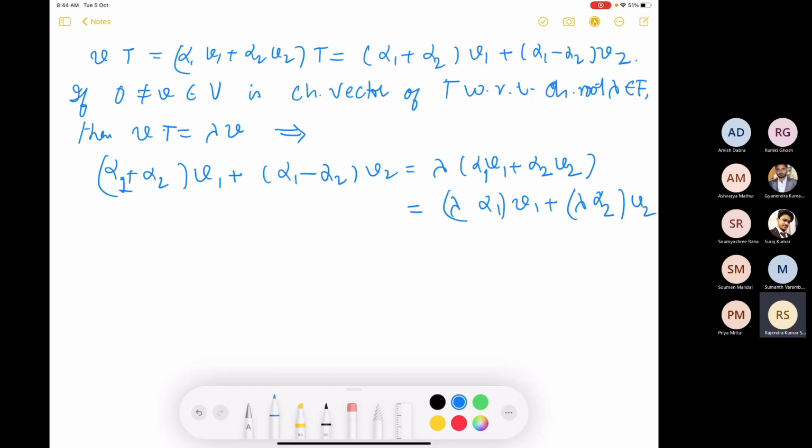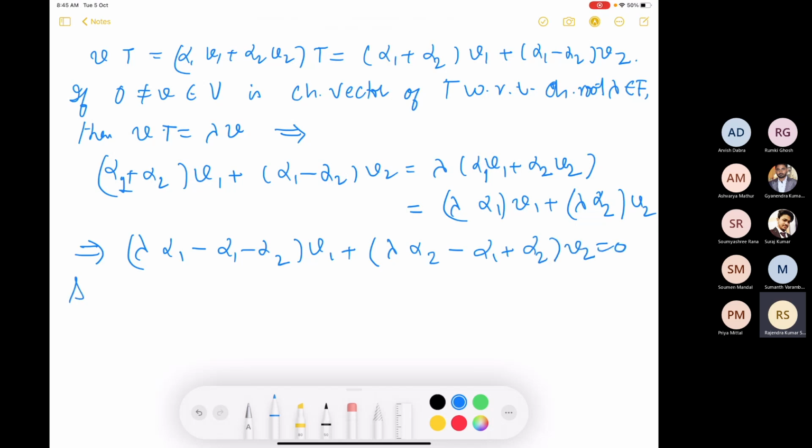So that makes lambda alpha 1 minus alpha 1 minus alpha 2 times v1 plus lambda alpha 2 minus alpha 1 plus alpha 2 times v2 equal to 0. Since v1, v2 are basis vectors, they are linearly independent.